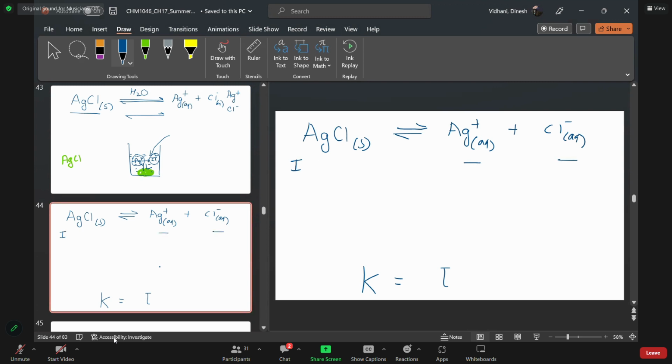And suppose I take 1 mole, I'm just using an arbitrary number. Suppose I take 1 mole of AgCl, can I write 1 mole here in the ICE table? What do you guys think? Can I write 1 mole like this as my initial concentration?